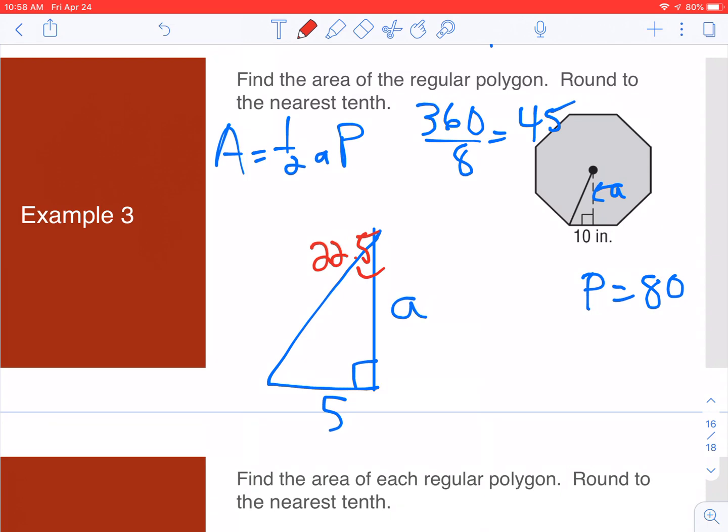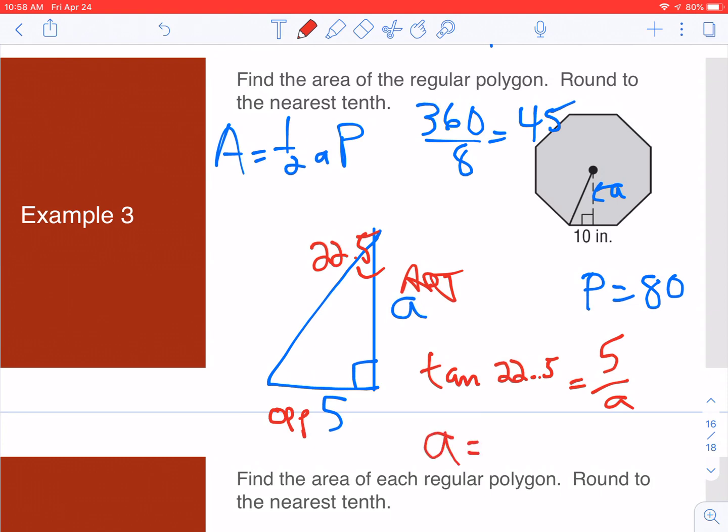So once again, I'm going to do tangent 22.5 equals, because I have opposite and adjacent here, 5 over A. It turns out that the apothem, sorry, I mispronounce that sometimes, is 5 over tangent 22.5.